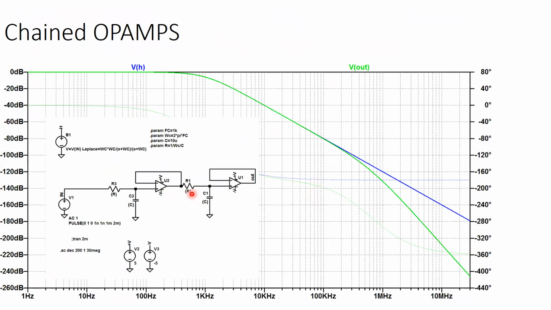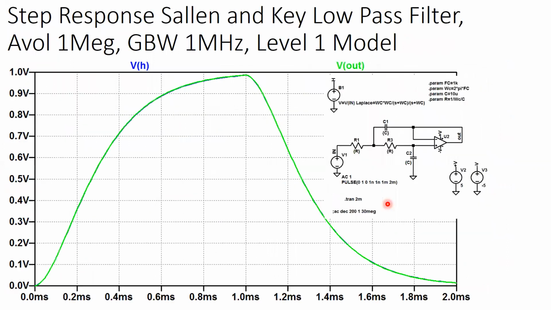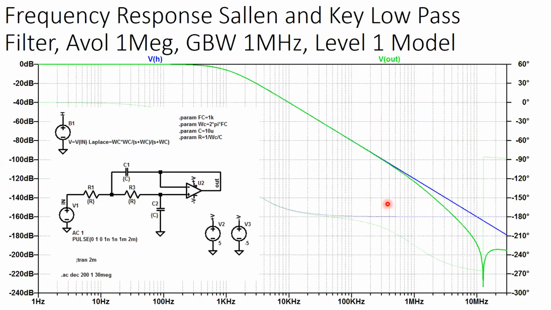All right, let's take another case, with chained op amps. I'm getting a straight line. It seems to be a little bit better. So here's the thing. Look at how long it matched. Then when it didn't match, it was below the line.